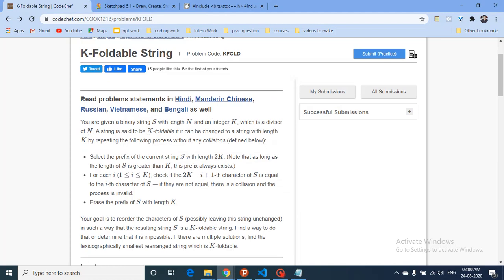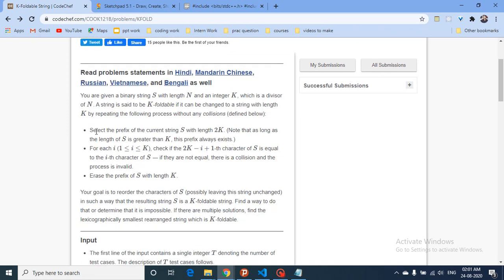A string is called K foldable if it can be changed to a string of length k by repeating the following operation. You have to change the string of length n to a string of length k by folding the string on itself.